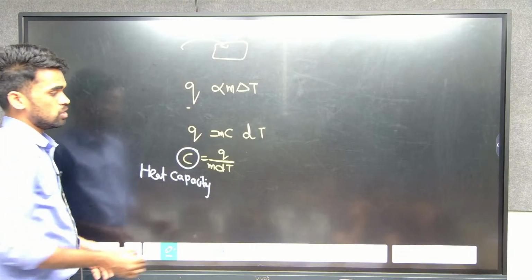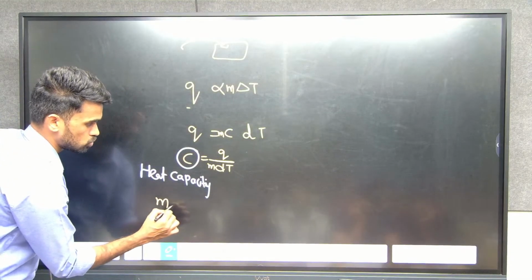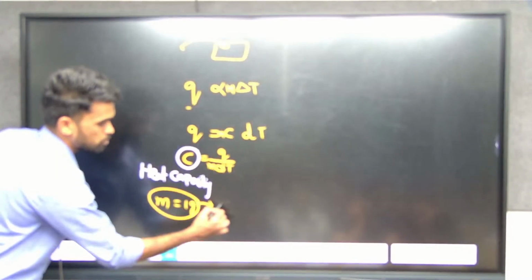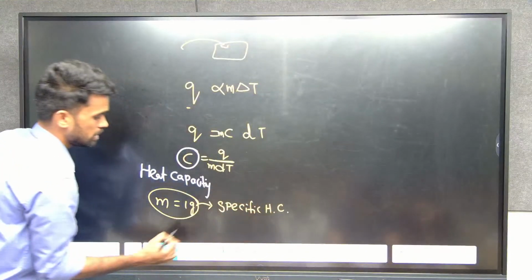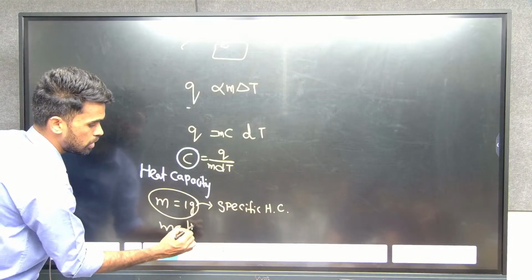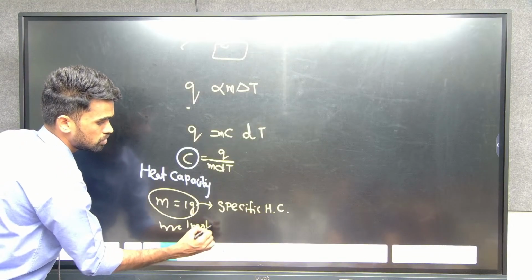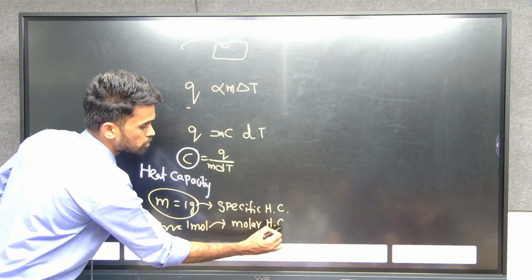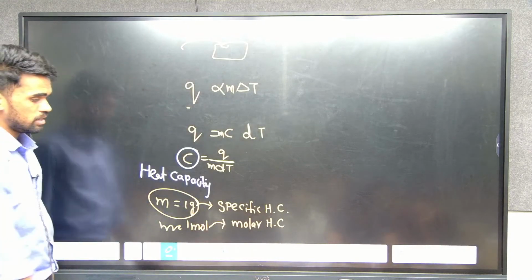So if m equals 1 gram, that heat capacity is called specific heat capacity. If m equals 1 mole, you should call it molar heat capacity.